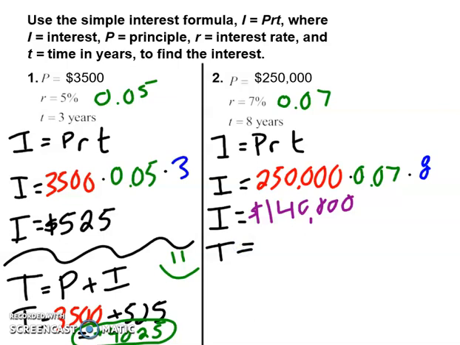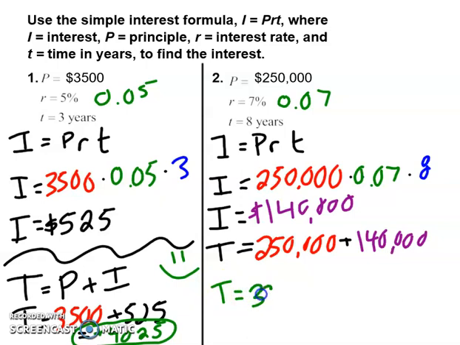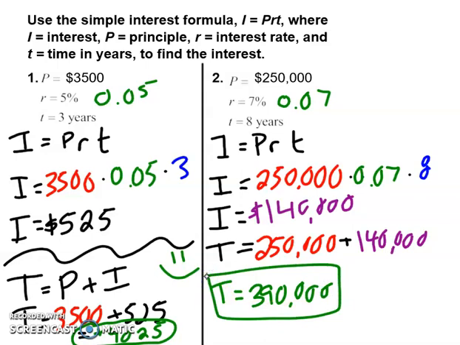So their starting amount was $250,000. We're going to add that with our interest of $140,000, and we get a grand total of $390,000, which is incredible for putting your money into this bank where it's going to be gaining interest.